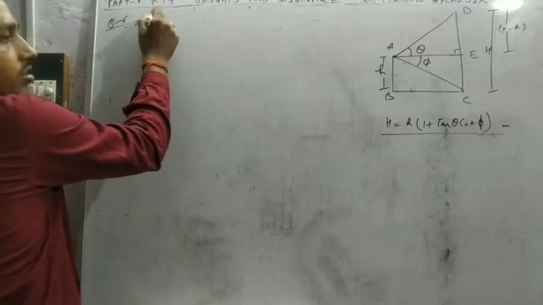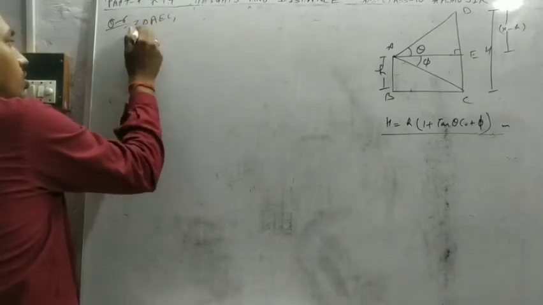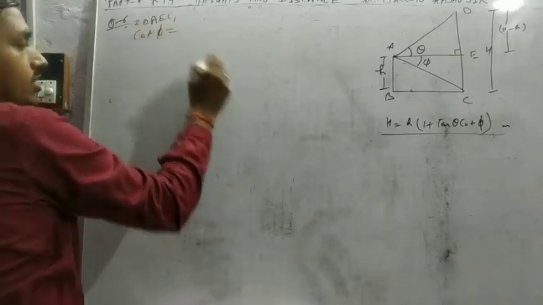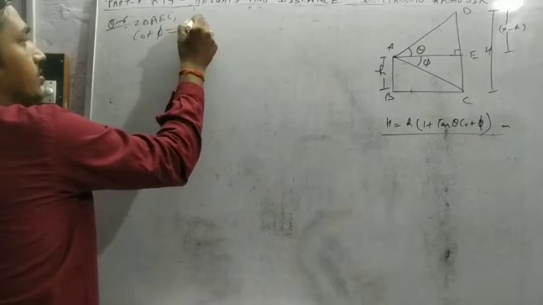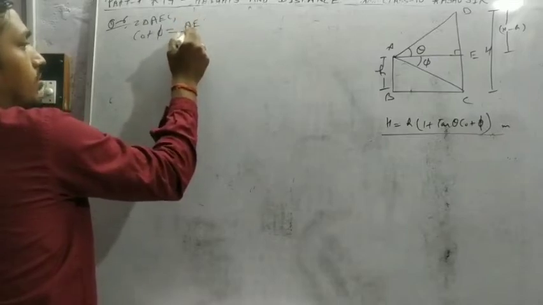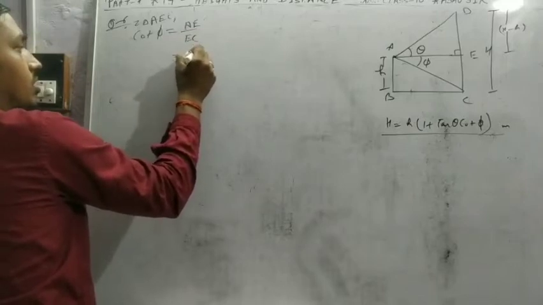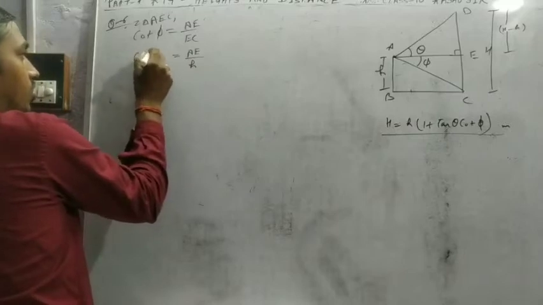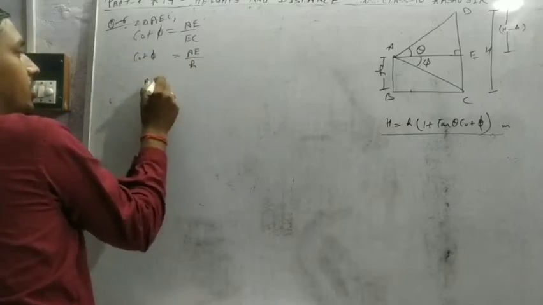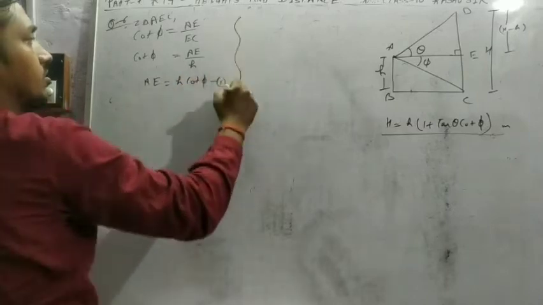In triangle AEC, we want to use cot phi. Here cot phi is base upon perpendicular, AE upon H. So AE is equal to H cot phi. Equation first.